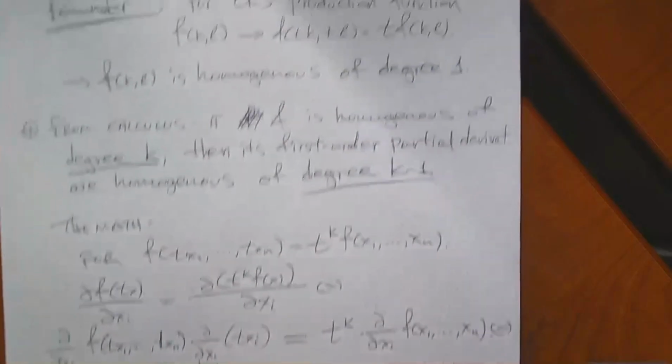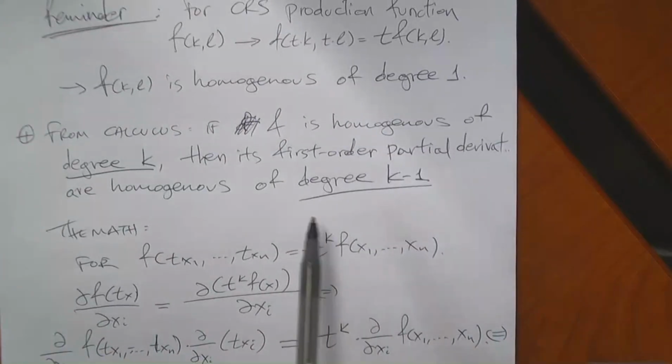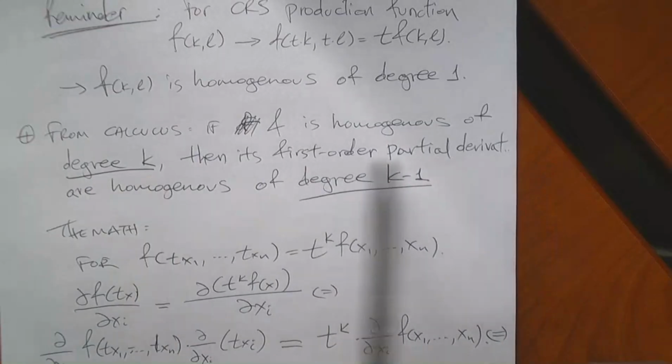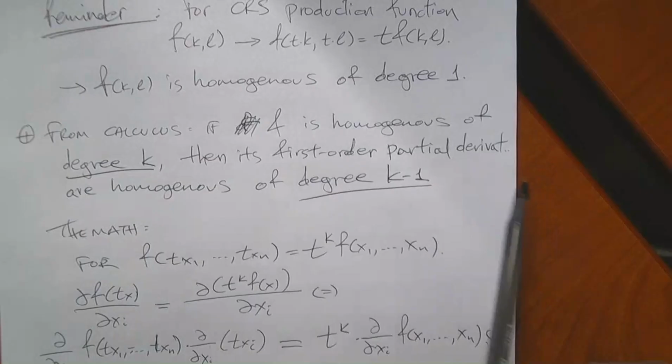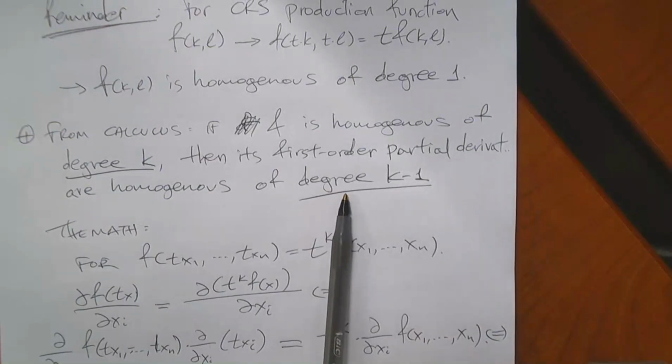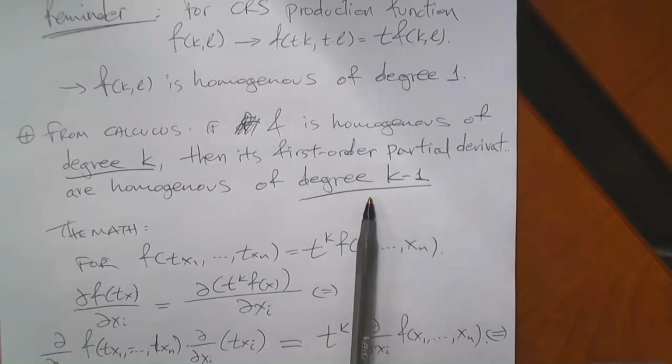That translates to this: when you have the production function being homogeneous of degree k, the first order partial derivative, that is the partial product, the marginal product, is going to be homogeneous of degree k minus 1.